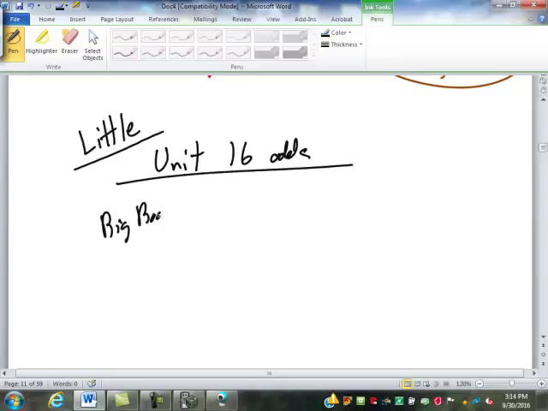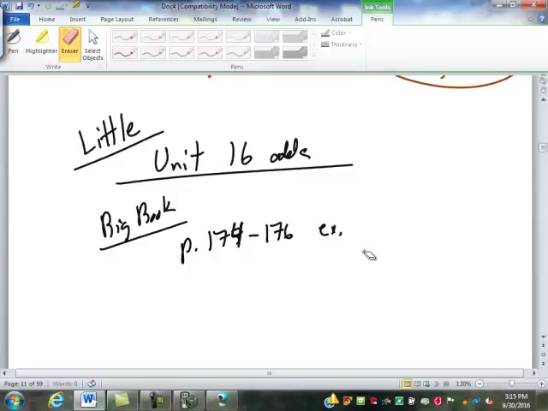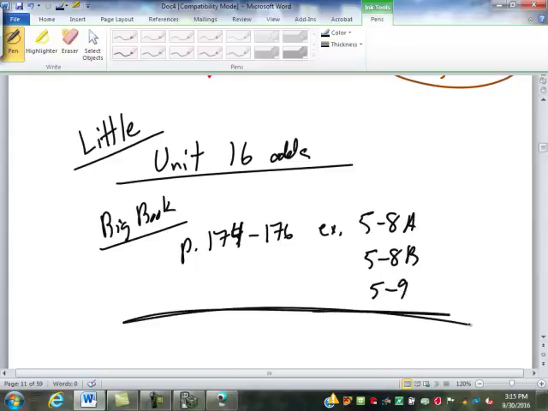In the big book, I'm going to have you look at pages 174 through 176. Exercise 5-8A and 5-8B and 5-9. So I'll let you guys have your last 15 minutes here to get started on those.